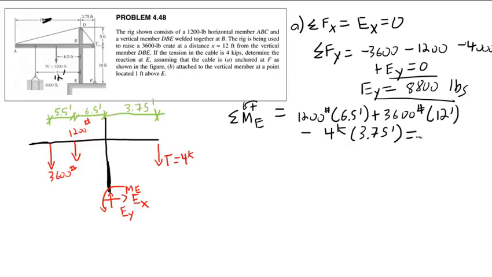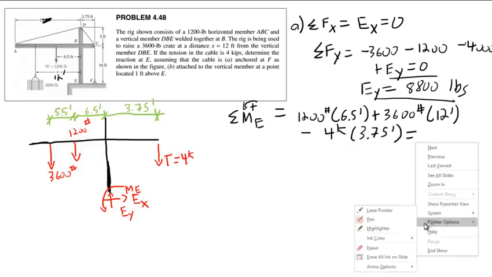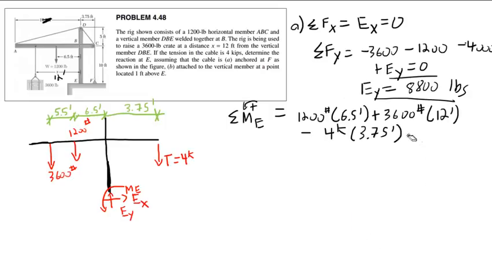Oh, and we have one other thing. Finally, plus ME. This is the actual reaction moment at this point. So finally, ME, I just add 4 times 3.75 minus 12.